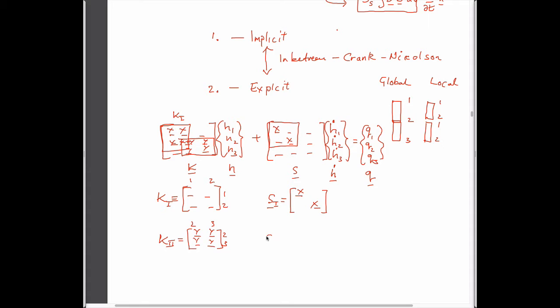When we look at the storage for the other one, it will also have terms only on the leading diagonal because we're going to insist that it's lumped. Again, the indexing of this will be 2 and 3, 2 and 3, and so these ones will just go on this component here. This will be plus y, and this will be y. The off-diagonal terms will be 0. And so we know exactly what these will look like.